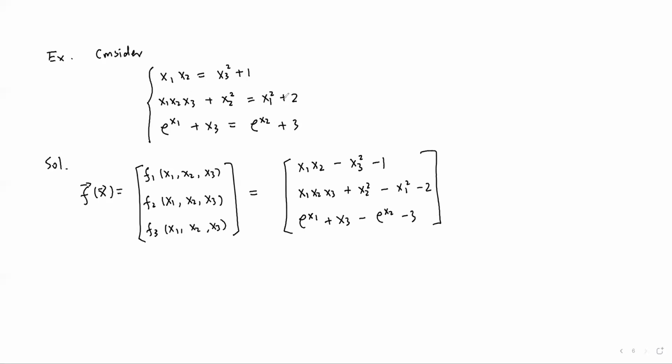Let me give this system a name, say 1. Then 1 is f of x equal to 0, where the 0 is not a scalar but a vector.